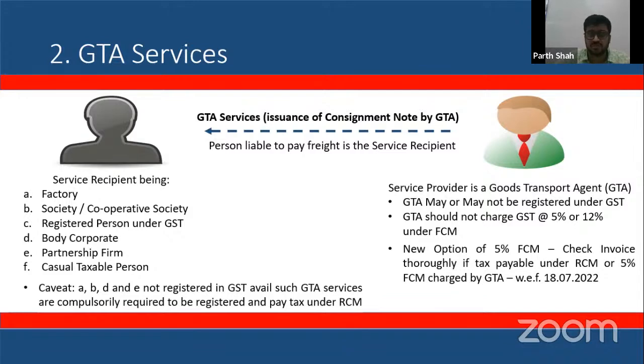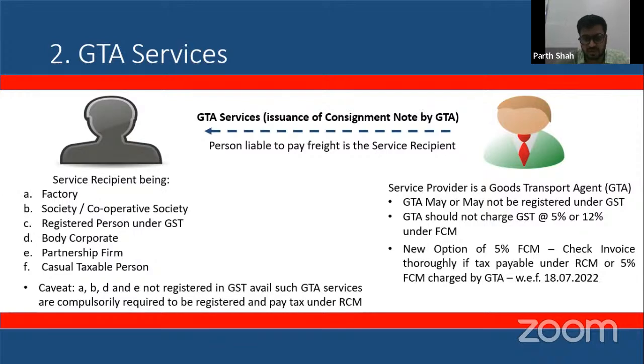So the provisions of GTA services as a recipient will be triggered for me to pay tax only in the case when I have received an invoice where the supplier has not charged tax under forward charge. GTA should not charge tax at 5% or 12% under forward charge. Only then, as a recipient, I would be liable to pay tax under reverse charge mechanism at the rate of 5%.